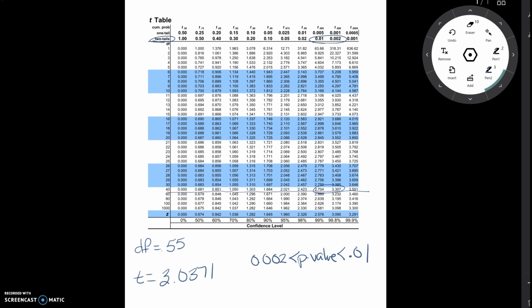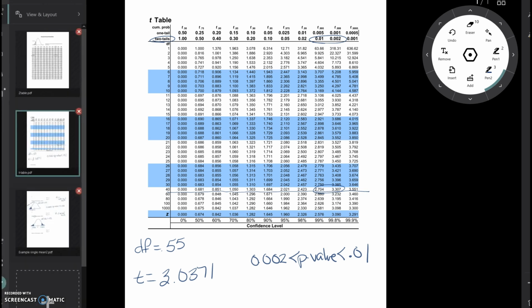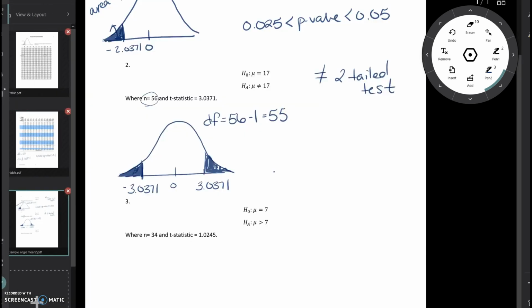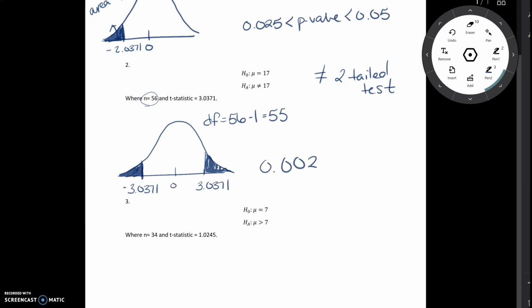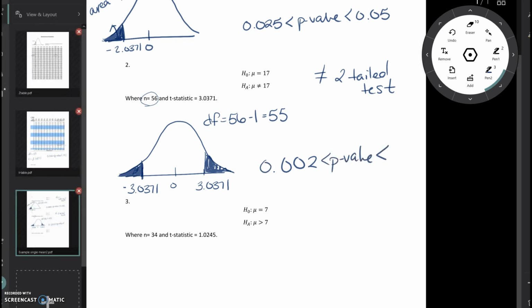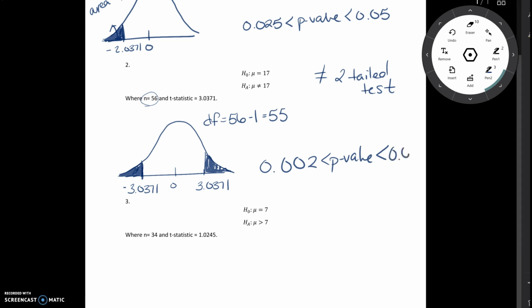We know the p-value is bigger than the smaller one, but less than the bigger of the two. So writing that down, we now have a range for the p-value.